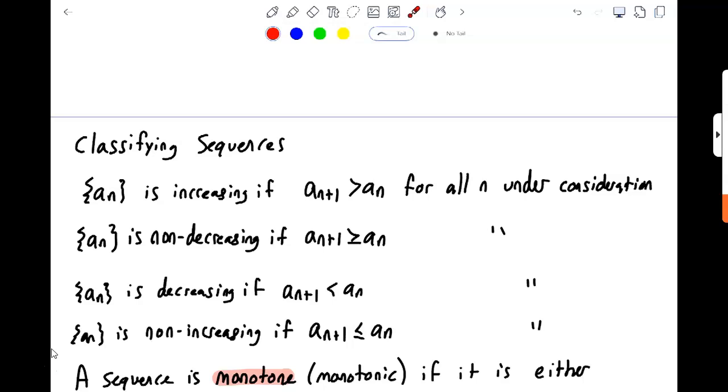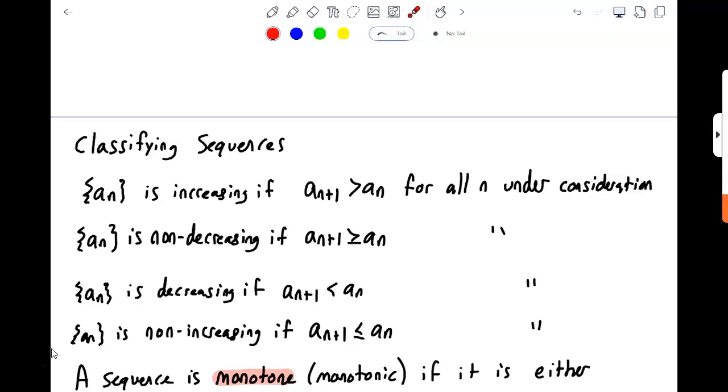We go further and say that a sequence is non-decreasing if we require each value to be either greater than or equal to. So it allows the sequence to repeat the same value. That's basically increasing, plus you can also be the same value. That's called a non-decreasing sequence.